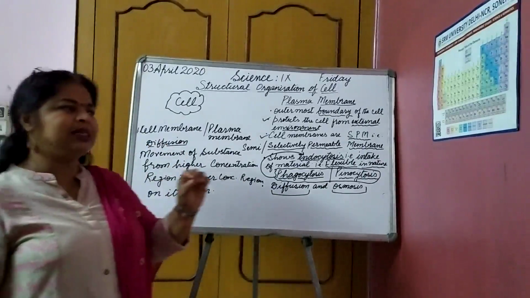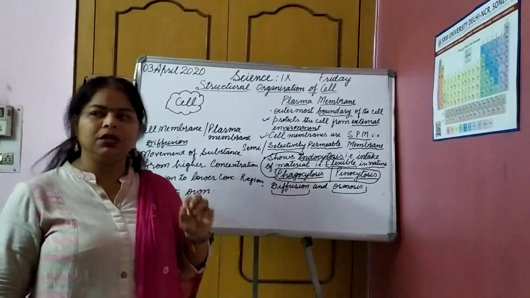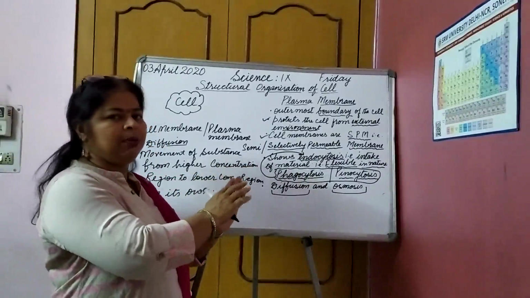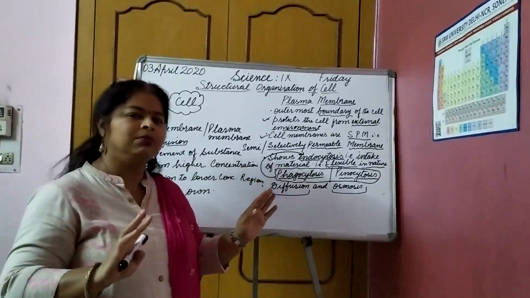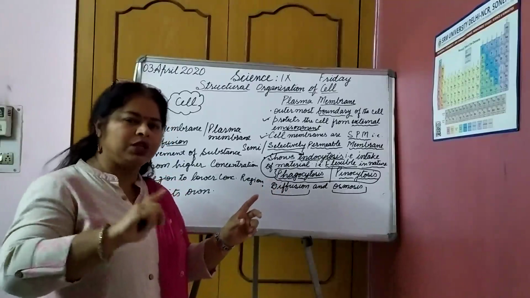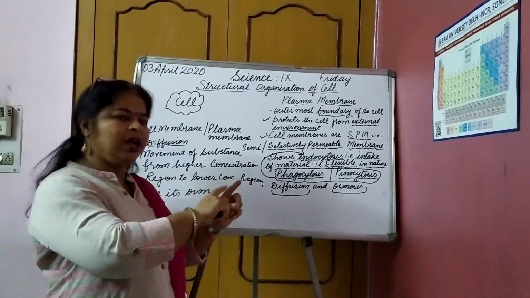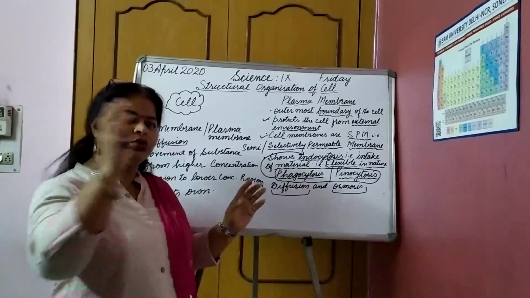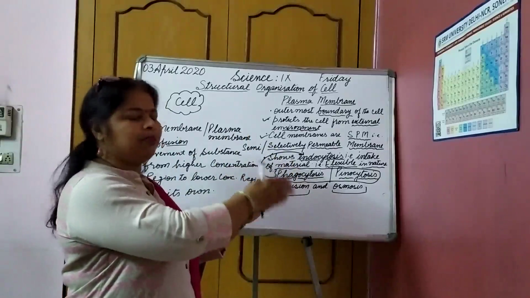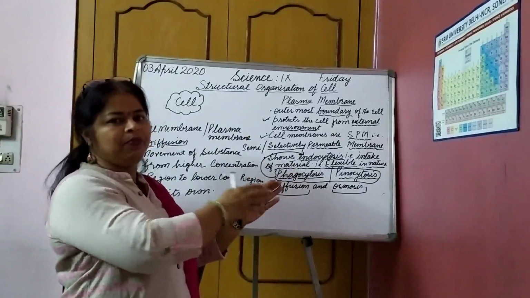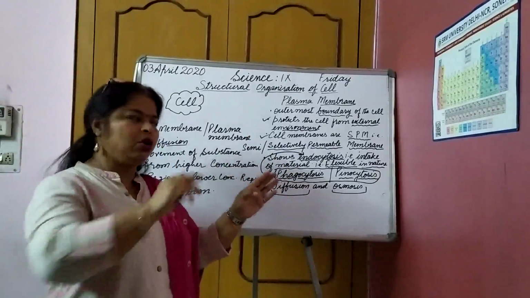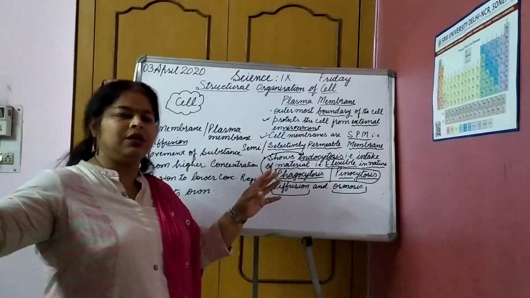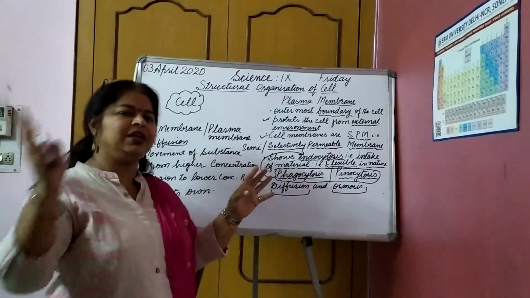Like if you burn an incense stick, agarbatti, what will happen? For some time it will be in this area, but later on the whole room will become fragrant. Why? Because diffusion has taken place. Nobody asked that this aroma should go everywhere, but it goes on its own. Here the concentration was more, and it was lesser in other areas, so the movement of particles started taking place like this.